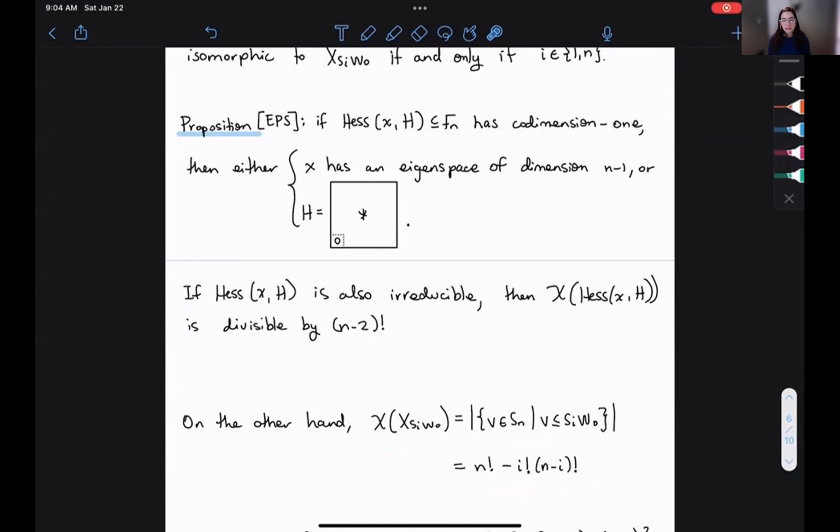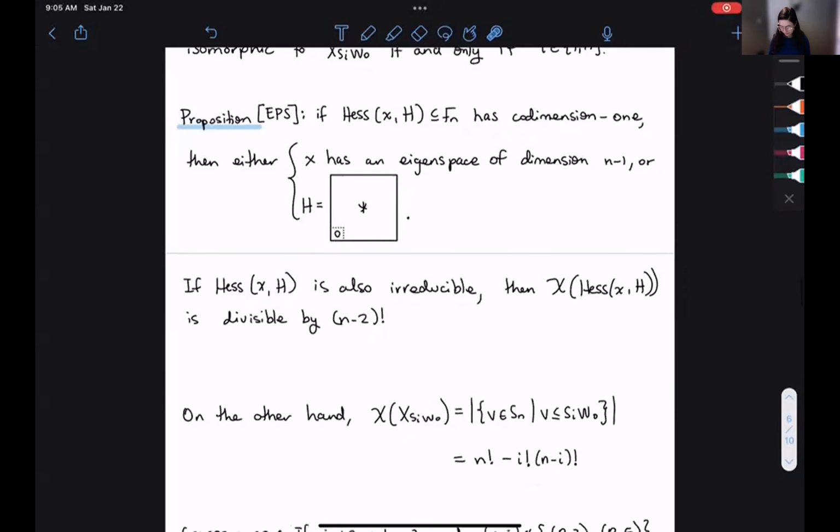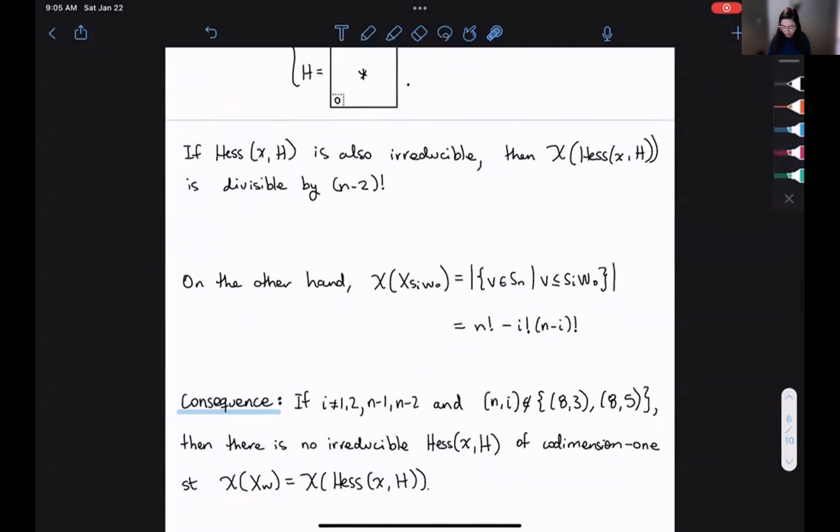So the only way this can be isomorphic to a codimension 1 Hessenberg variety is if this one is irreducible, because that one is, and this number has to be divisible by (n-2) factorial. Just comparing the numbers, that is the only way this divides this number.